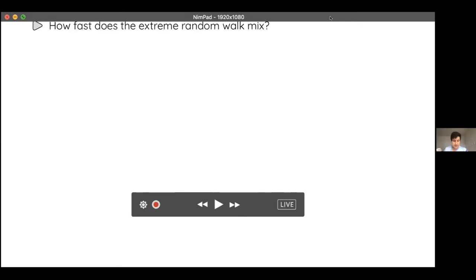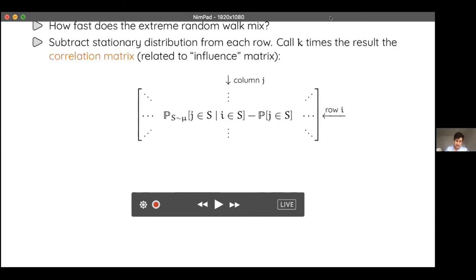So the question is, how fast does this k to 1 random walk mix? And as I said, you can just study the spectrum of it to analyze this mixing, or to basically make things a little bit easier, you can even kill off the top eigenvector of this matrix.